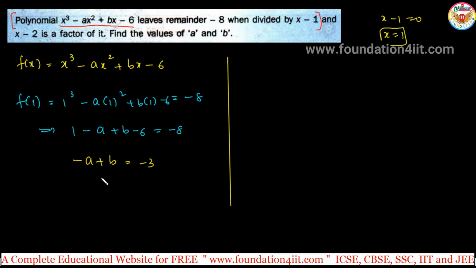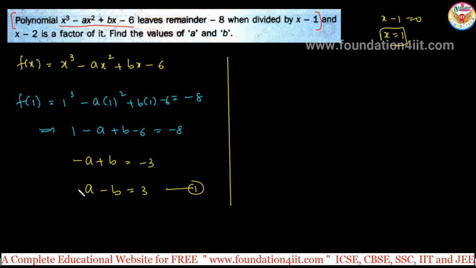Then if you multiply both sides by minus, minus a becomes plus a, minus b is equal to 3. You can even stop here. You can make the first term positive. Right? This is equation 1.